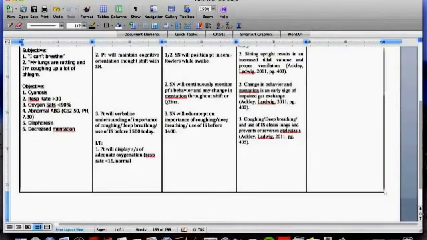Normal skin color, not cyanosis. An O2 sat greater than 95. And let's say a regular respiratory rate, rhythm, depth.